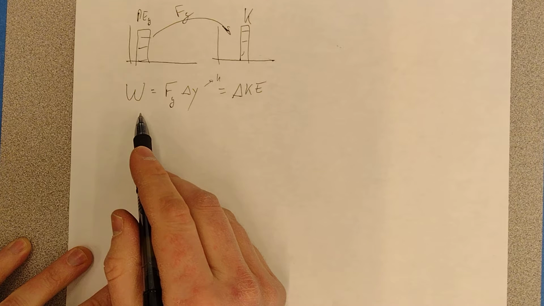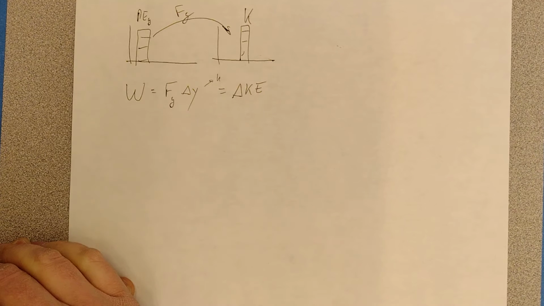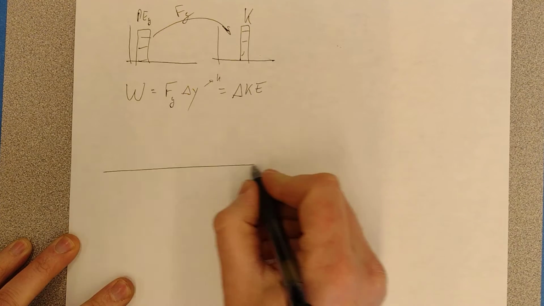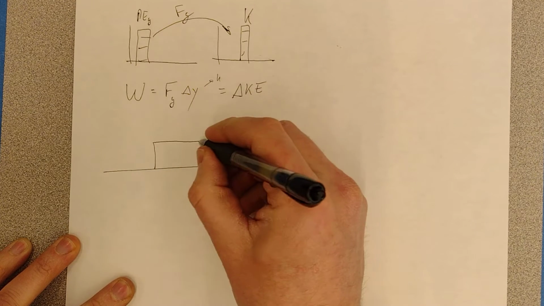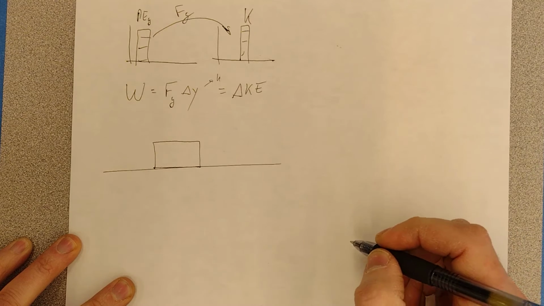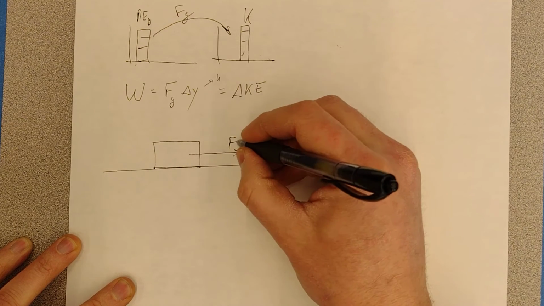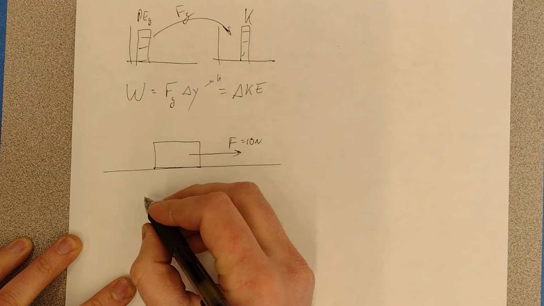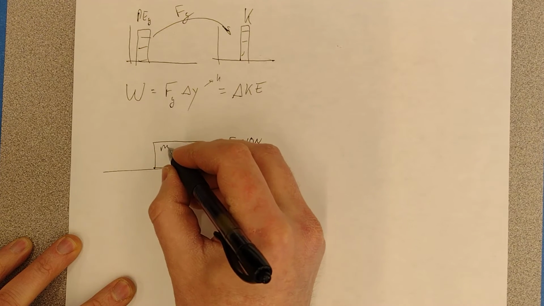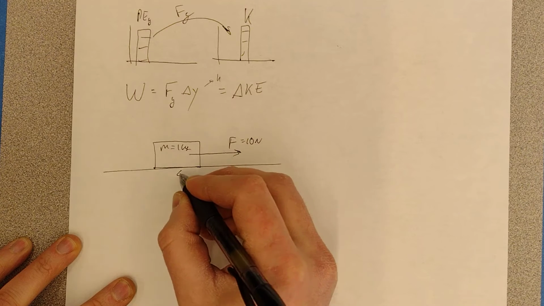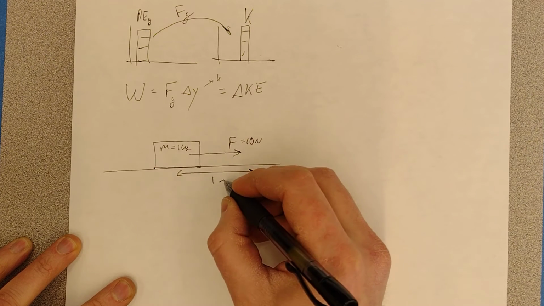So it is a little more specific than this. Let's look at a box sitting on a table or something. No friction. We'll pull it straight. Let's say the force is 10 newtons, the mass is 1 kilogram, and it displaces itself 1 meter.